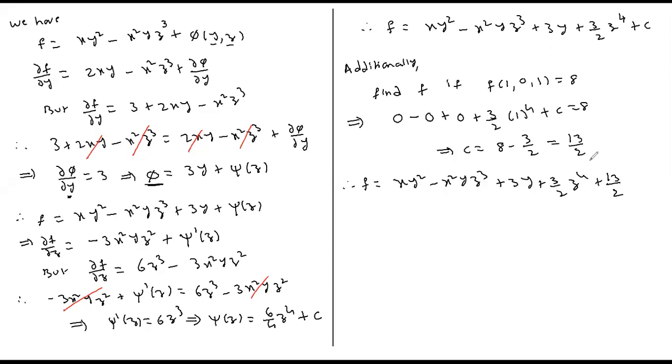So that is how we are going to find the unknown arbitrary constant. So it's an important model. Finding a potential function for a given vector function is an important model in vector calculus.